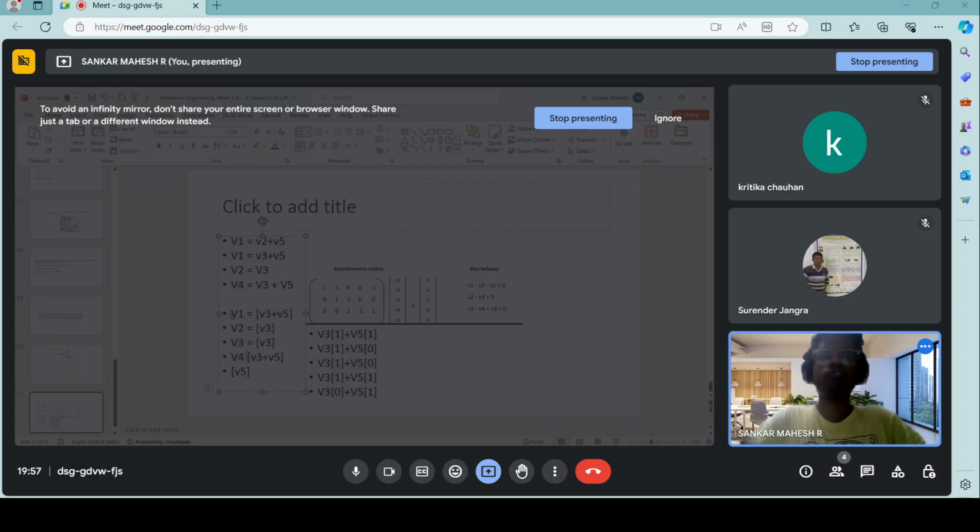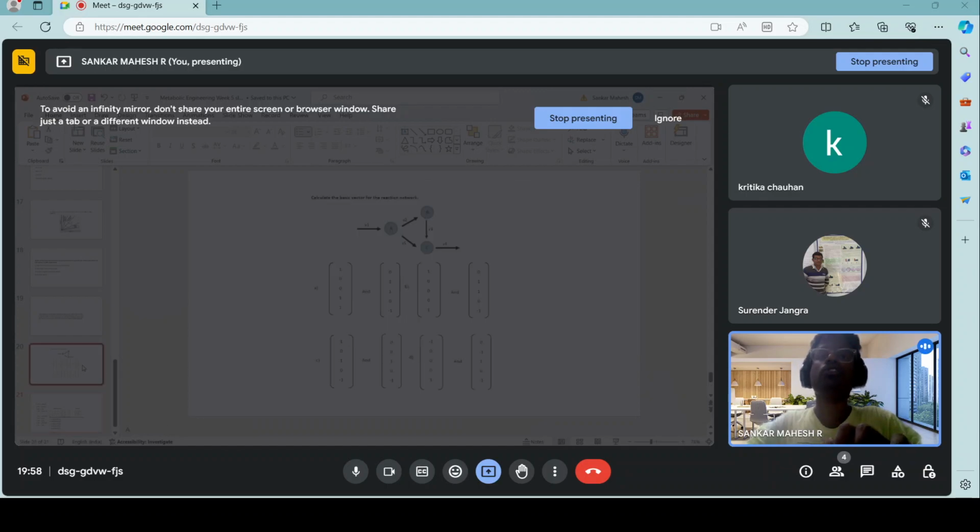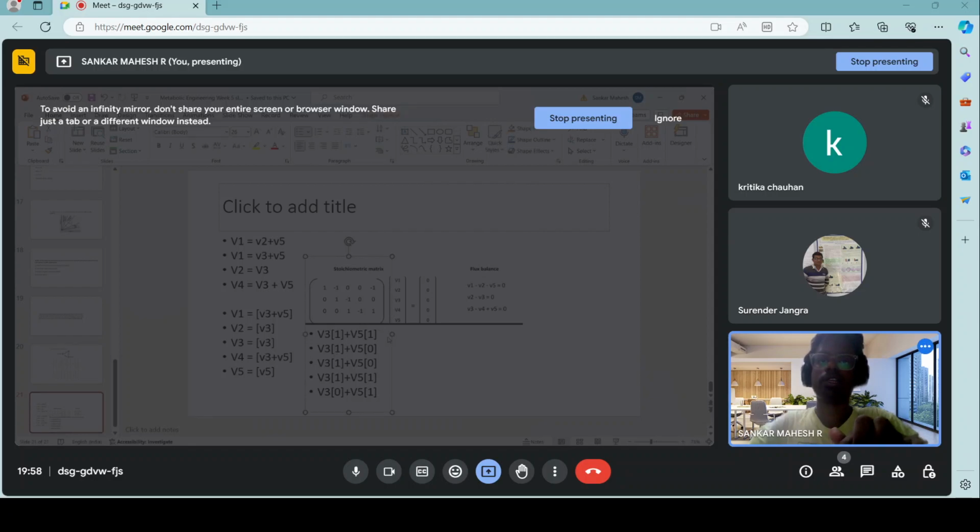This is V4. This is V5. And that same thing applies to this also. So now we have to see if whatever basis vectors we have got here also stay true with respect to the metabolic network that has been shown here. So wait, let me bring this data there and then we'll see.